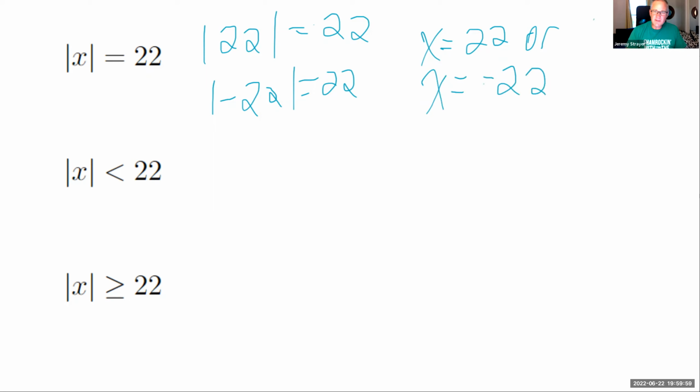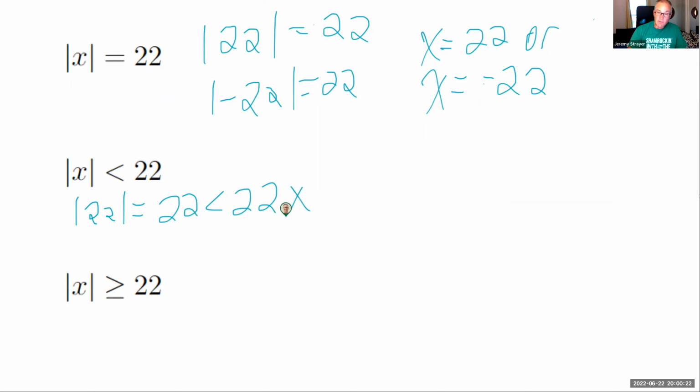Okay, let's think about the second one, with absolute values and inequalities. Notice, first of all, that this is what we call a strict inequality. So it's strictly less than, and it's not equal to 22. So if we put in a value of 22 for x, that's going to be equal to 22. And is that less than 22?